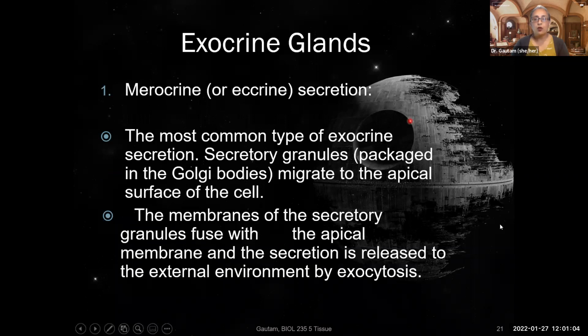So I'm talking about these glands, and they release their products into ducts, right? But the way that secretion is released is different. There are three different ways that the exocrine secretory cells are going to secrete their chemicals.